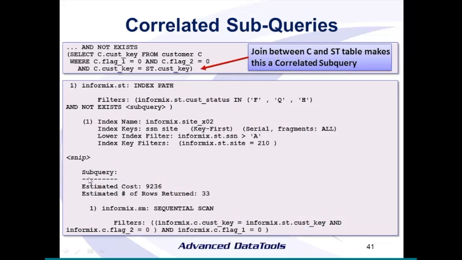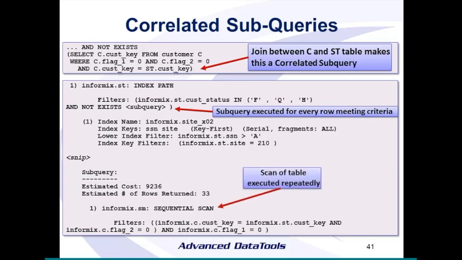And here we can see, wow, that every time it runs that subquery, we're doing a sequential scan. If that's a large table, that's going to have quite an impact. And it shows in the filters, shows the join there. So that scan is going to be run for every row retrieved from the first table.